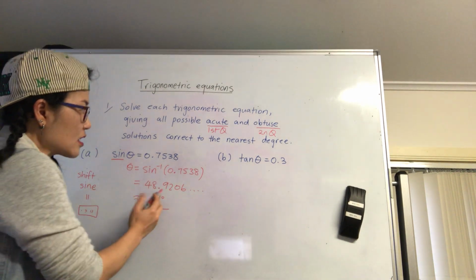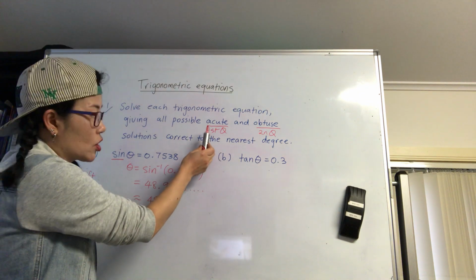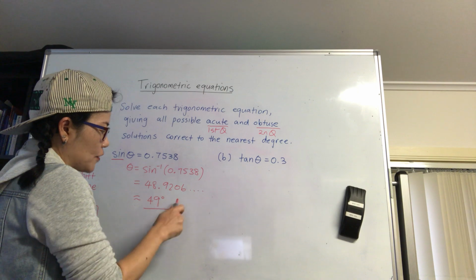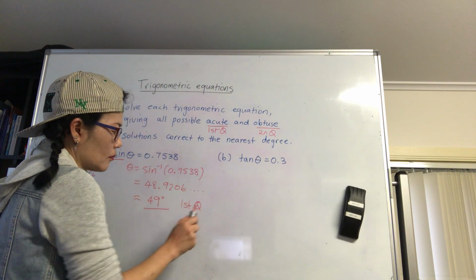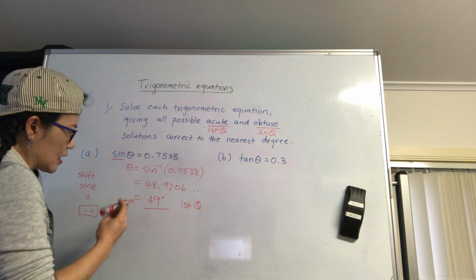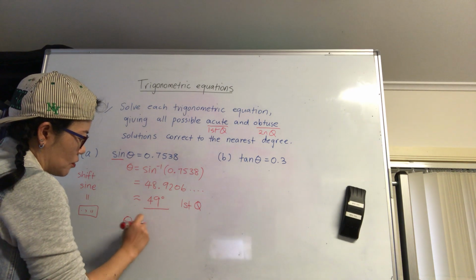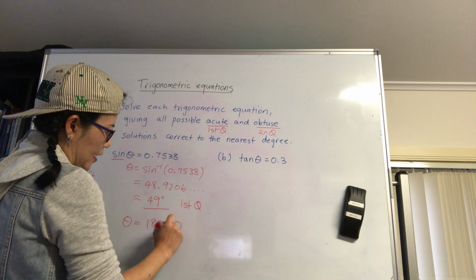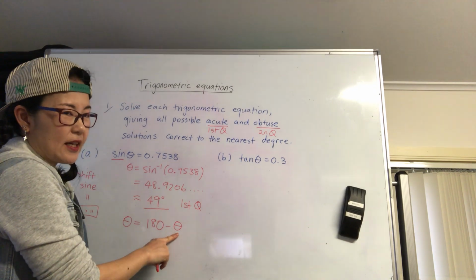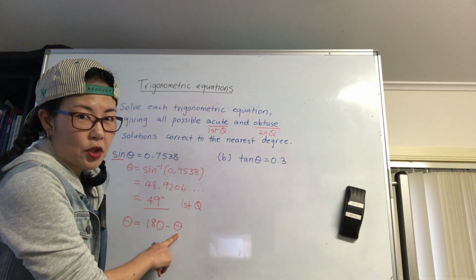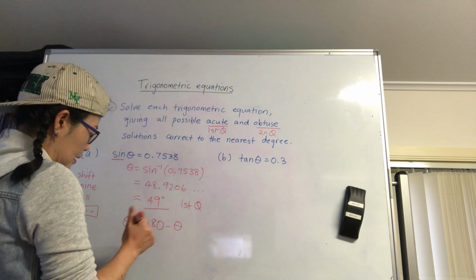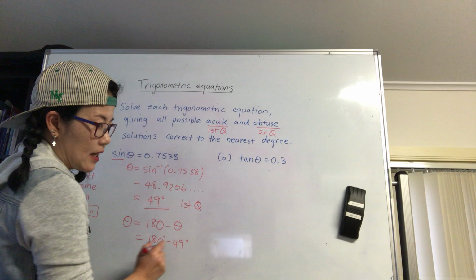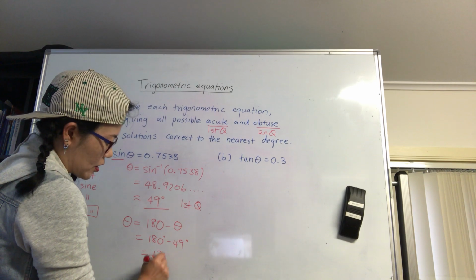Now that's our acute angle, guys. Is that all possible? Acute is in the first quadrant, and obtuse is in the second quadrant. What's the formula for the second quadrant? 180 take away theta, which is 49. Theta is the principal angle, which is always the acute angle from the first quadrant. So 180 degrees take away 49 degrees gives you 131 degrees.